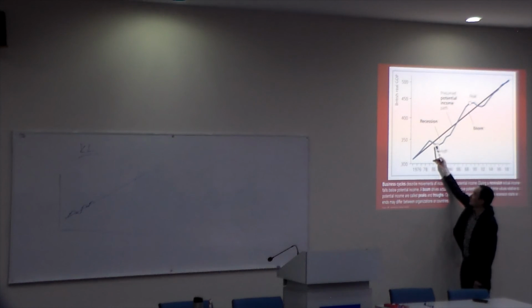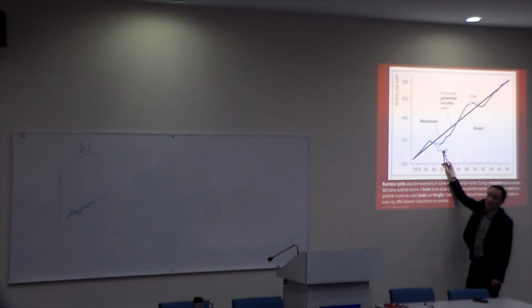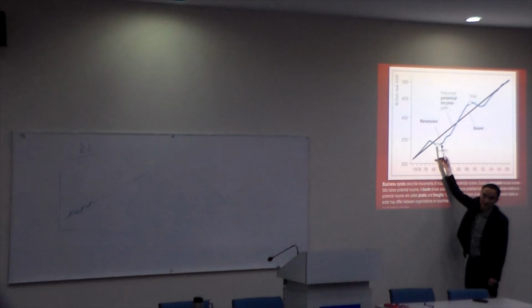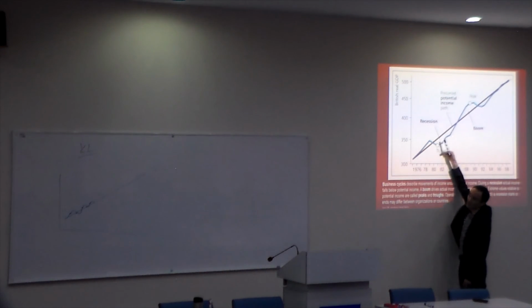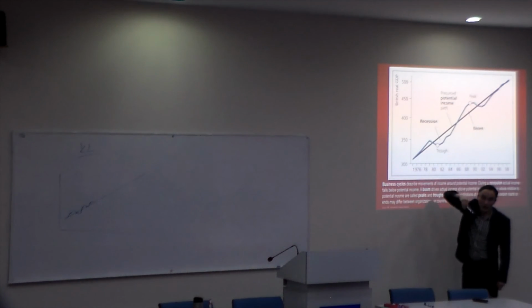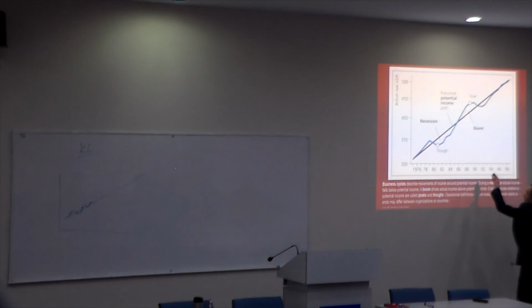If the recovery is to go even further, who intervenes? It's the government, with monetary and fiscal policy, in order to slow down the recession and give a boost to the economy to recover. On the other side, when the economy is booming, it is going to reach that peak moment.